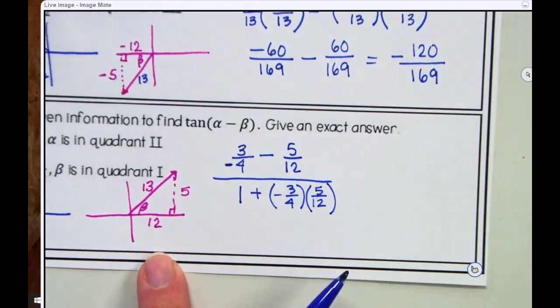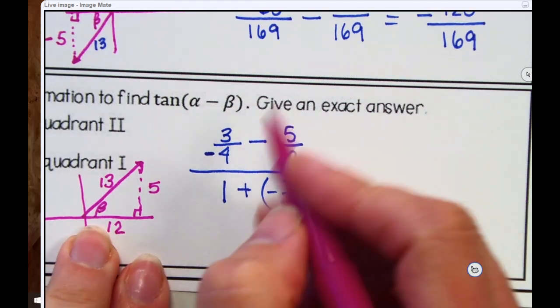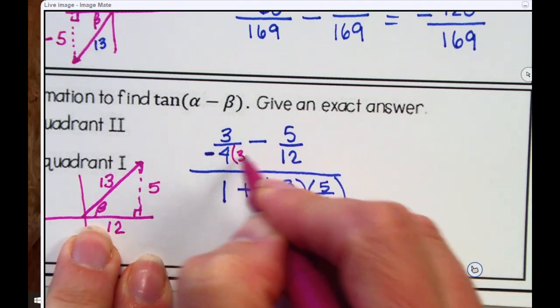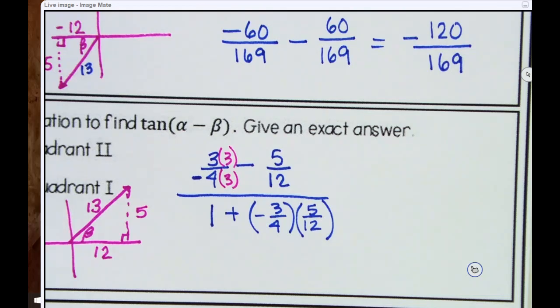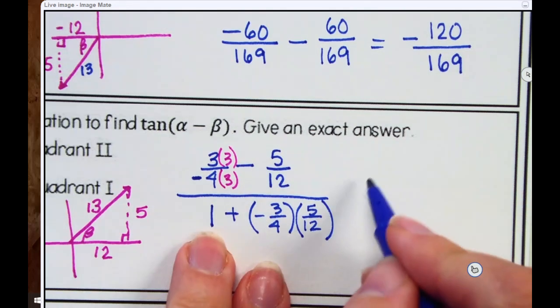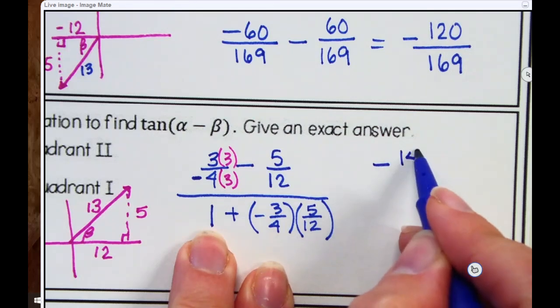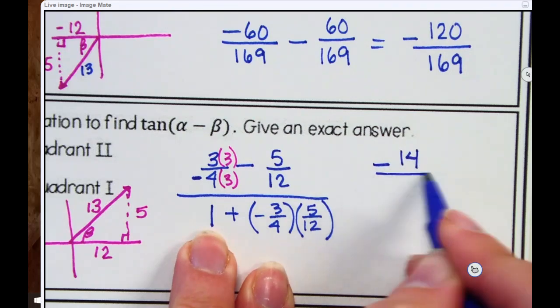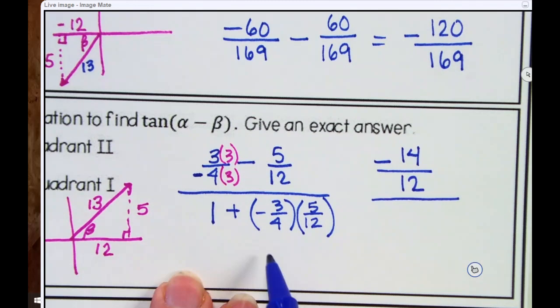All right, grab your calculator and do that, or do the fractions by hand. Either way, I know that I need to multiply this by 3 and this by 3. And I'm going to get negative 15/12 over 63/48.